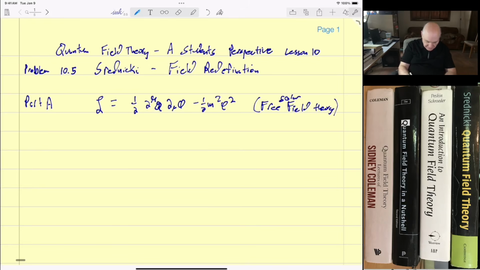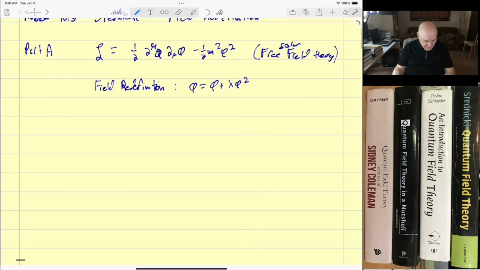And our field redefinition is phi goes to phi plus lambda phi squared.